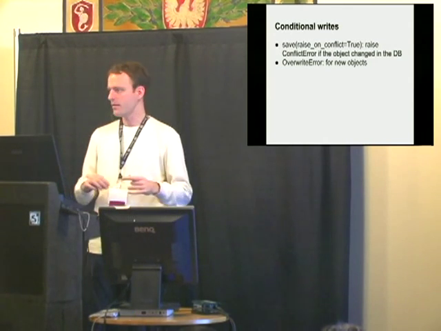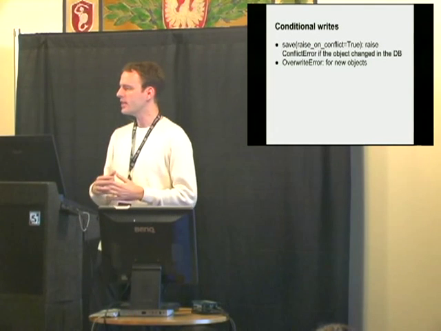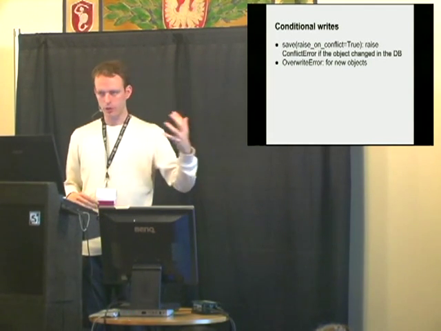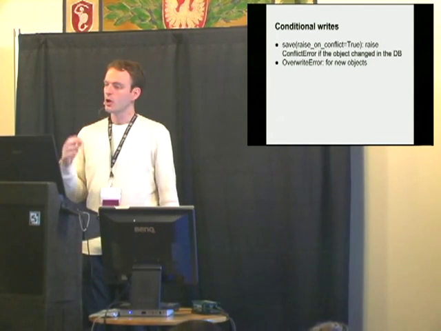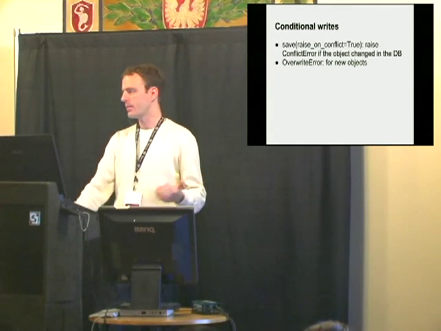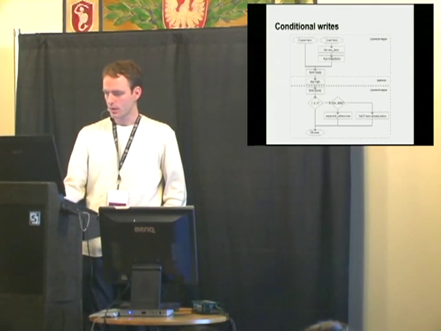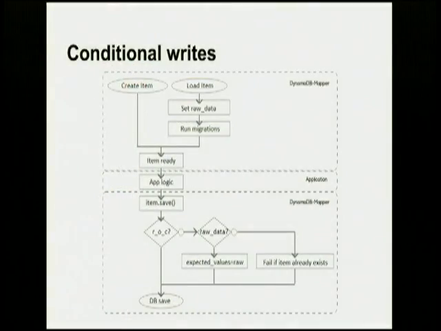So if it's going to overwrite anything, it's going to fail. Otherwise, if it's an object you loaded yourself from the database, raise_on_conflict will make sure that it hasn't changed in the database since the last time you accessed it. So yeah, that's how it works in diagram form with a few gritty implementation details.